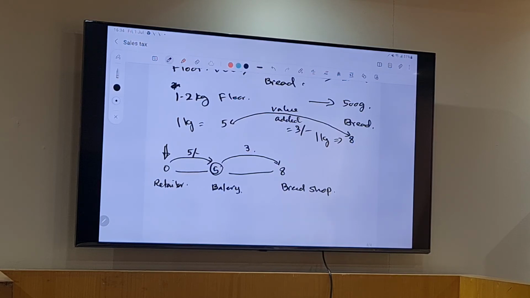So when the retailer sells this flour to the bakery, if the government imposes a law to charge taxes on the value, for the bakery, they have an input. How much is the input? 5. And the bakery, what was the output? 8.